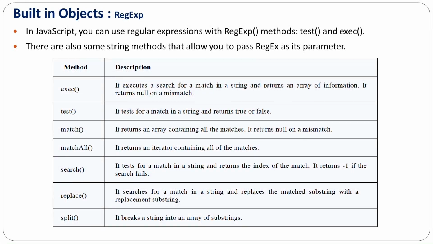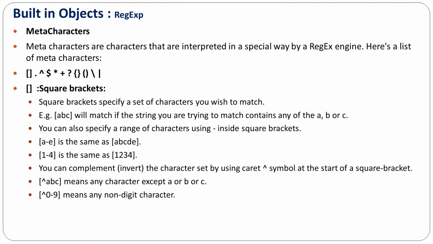So it first searches for the match, and if a match is found, it replaces the substring with the replacement string. Split breaks a string into an array of substrings. So split is simply splitting the string into a number of substrings.